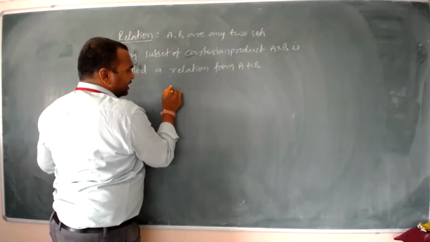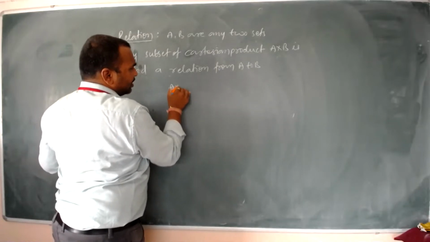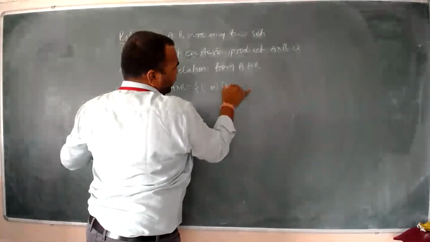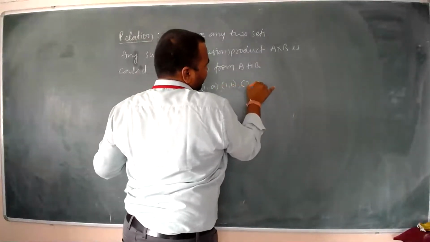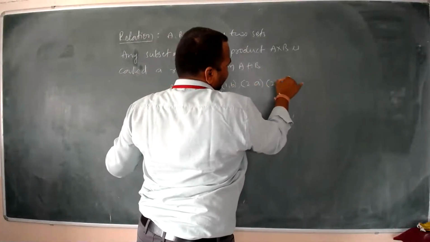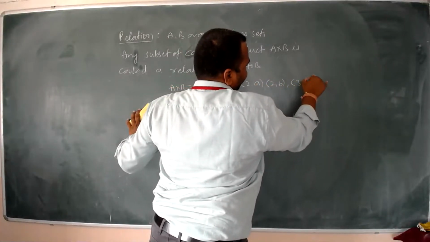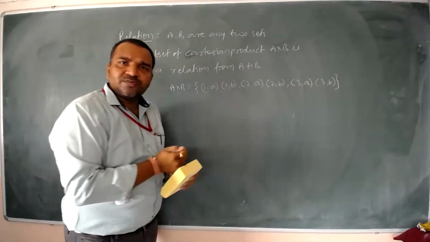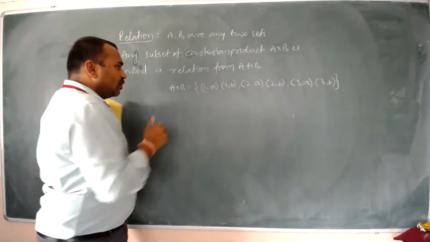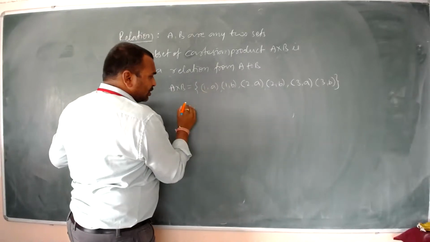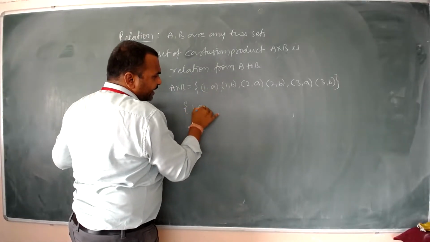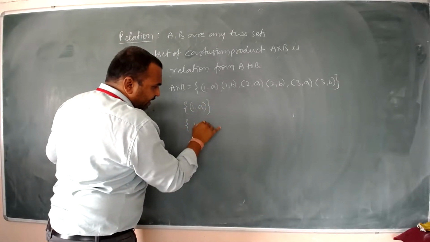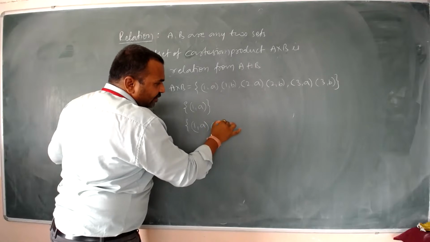Taking the same example as before, what is A cross B? We have already written it: (1, a), (1, b), (2, a), (2, b), next (3, a), (3, b). Okay, we got A cross B like this. Now I will write subsets. {(1, a)} is one of the subsets. Next {(1, a), (1, b)}, taking 2 elements.